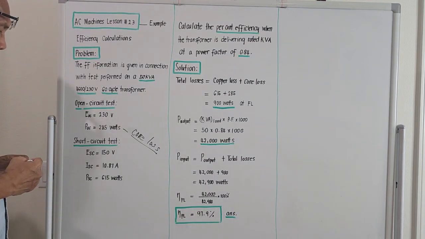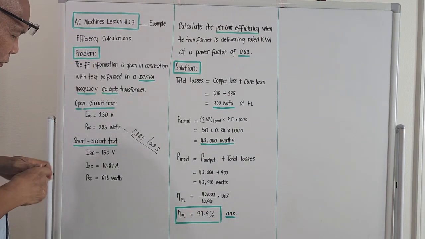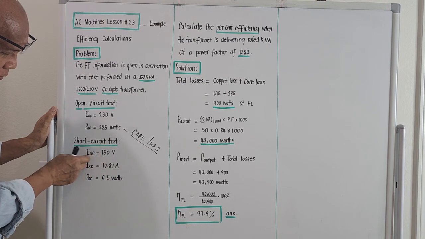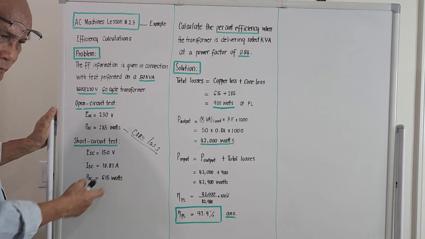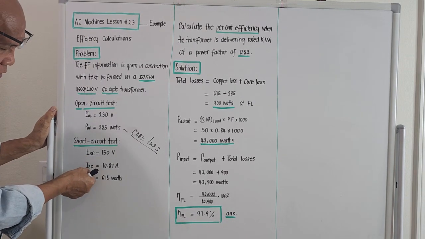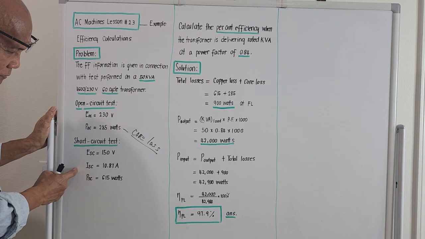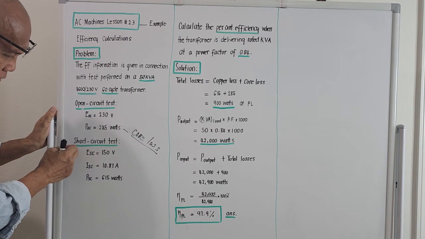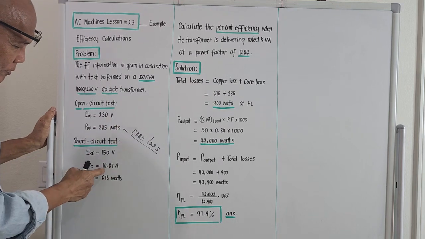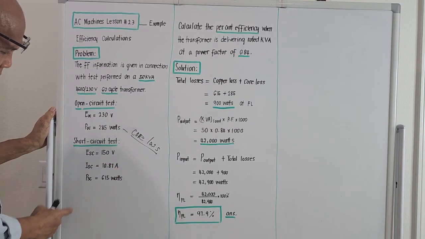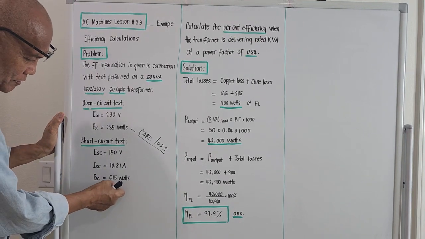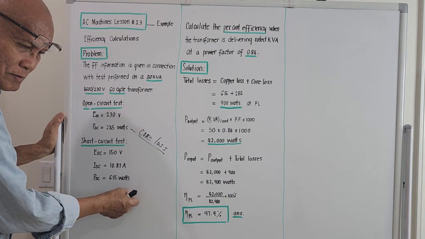It is the loss on the transformer due to the laminations. For the short circuit test, E_SC, the short circuit voltage, is 150 volts. And I_SC, the short circuit current when performing the short circuit test, is 10.87 amperes. P_SC is 615 watts.